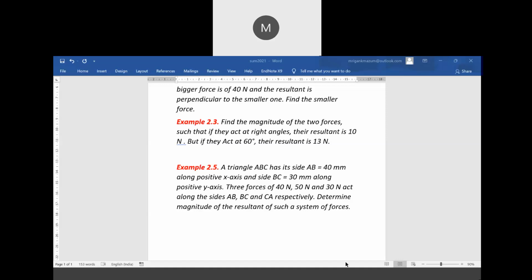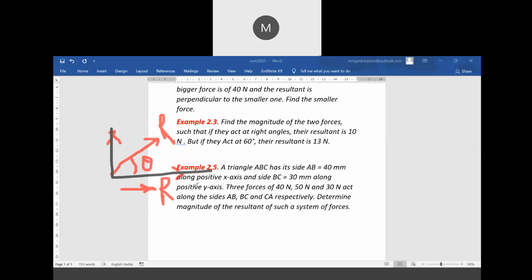Before that, let me say one thing. Suppose this is an angle theta. Do you know how to resolve the forces into cos theta and sin theta? So now this is the R. If you have to resolve it in the horizontal direction, what will it be?